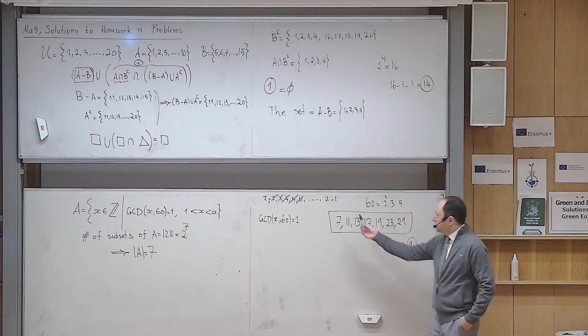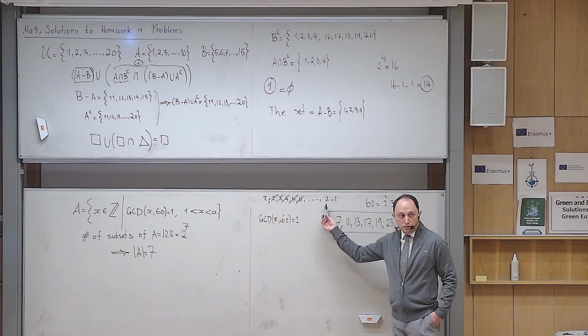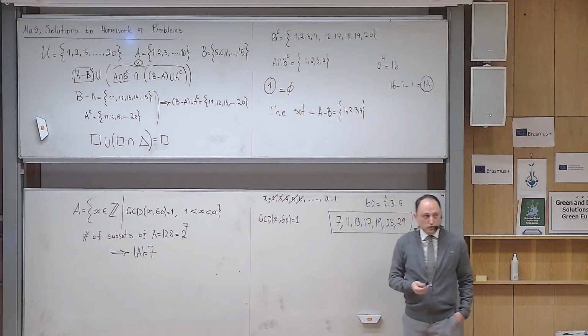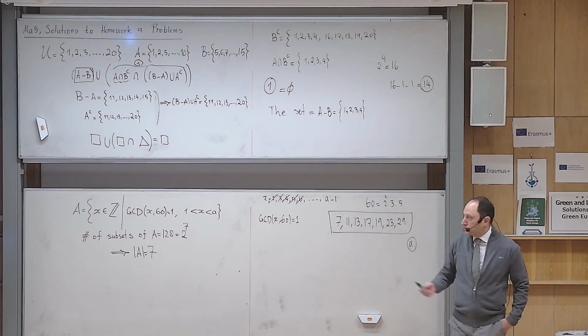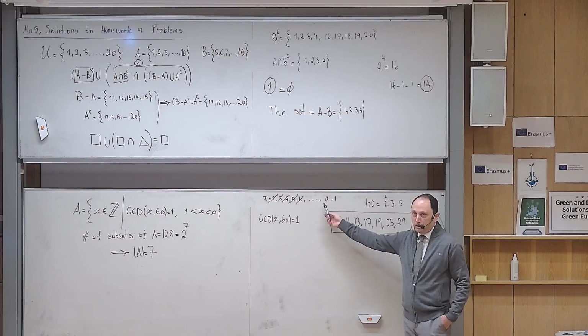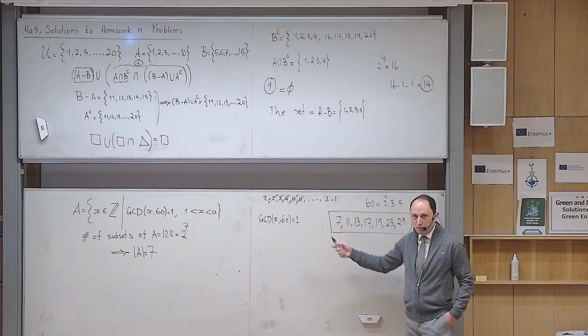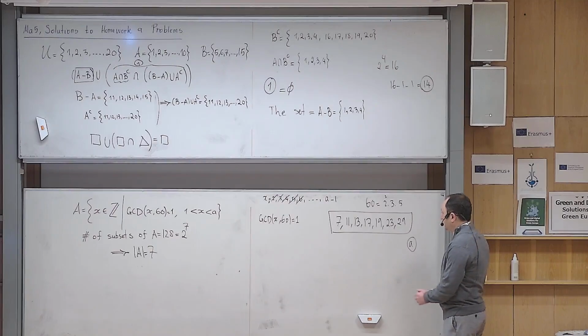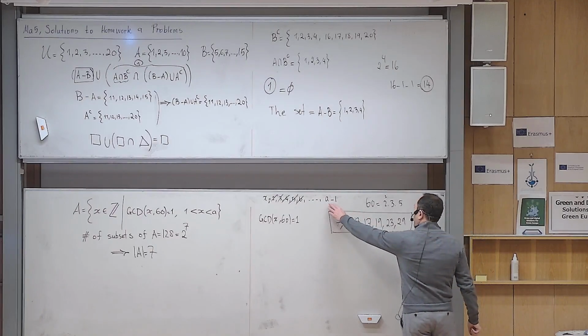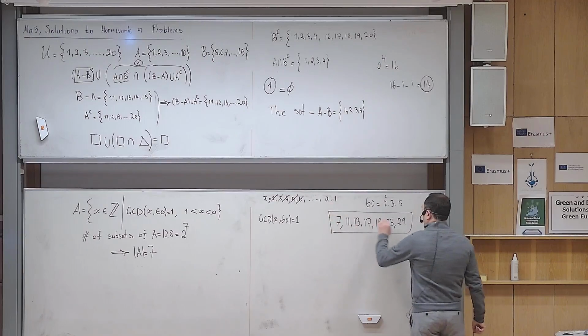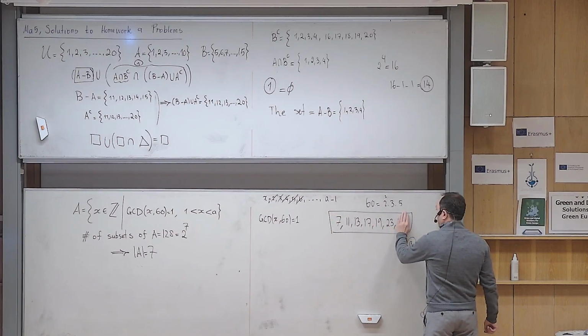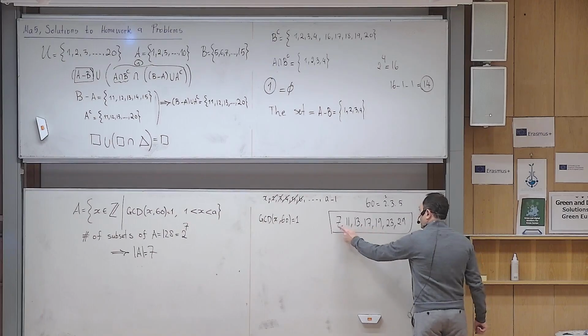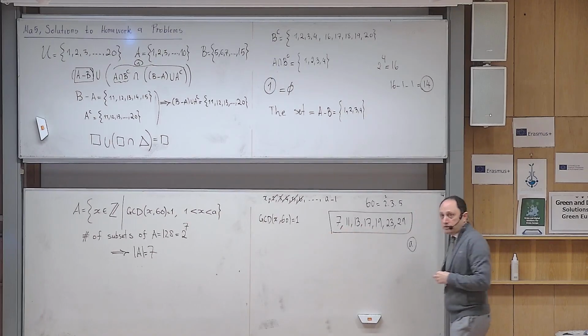No, because the list is up to A minus 1. If I choose A to be 29, the maximum number in my list will be 28, and I will not be allowed to choose 29, so I will have only 6 numbers, but I want 7.